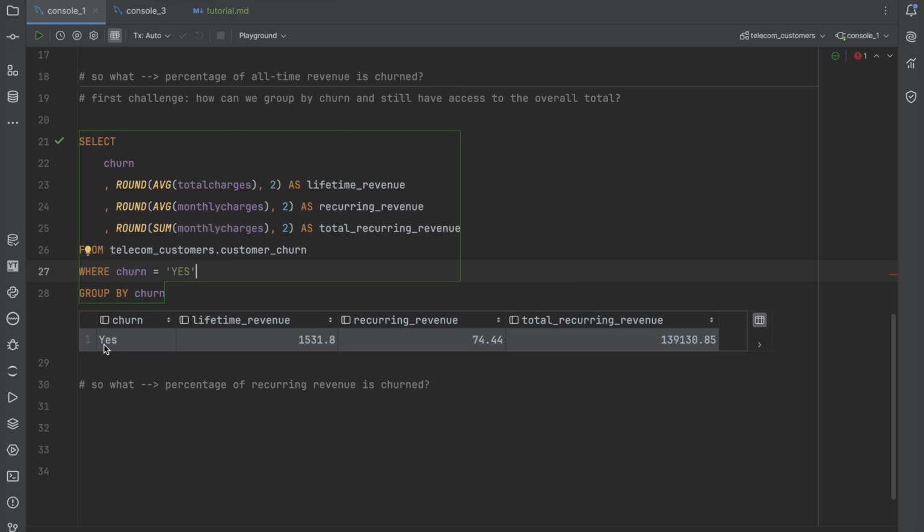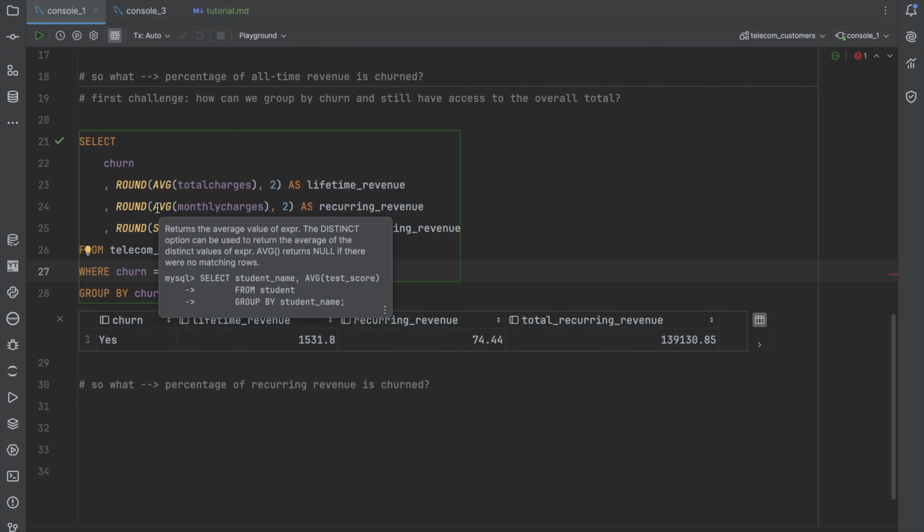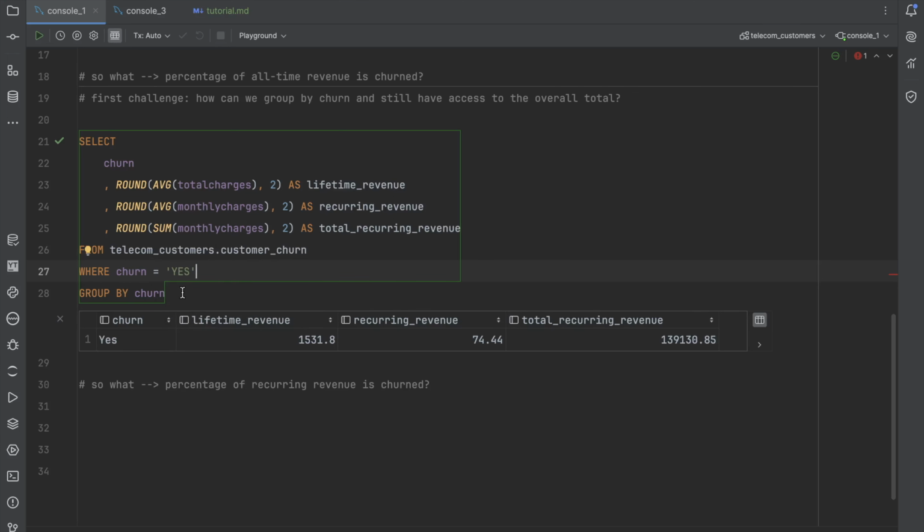So this is really useful when we want to query a subset of the data under some kind of specific condition. This is not going to be useful if we want to actually consider the total population of our customers in the derivations that we're doing up above. It's problematic if we throw out a portion of the data when what we really wanted was some metrics that make use of a subset of the data, but still divide by the total.